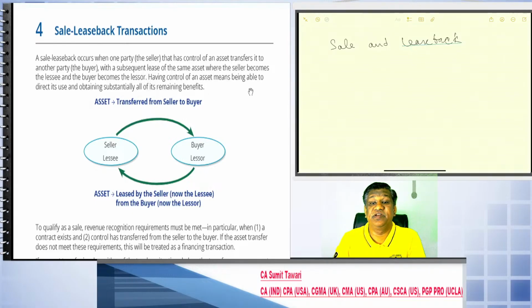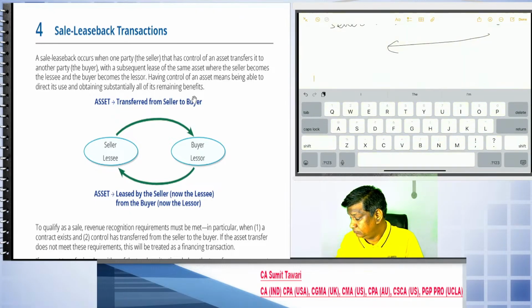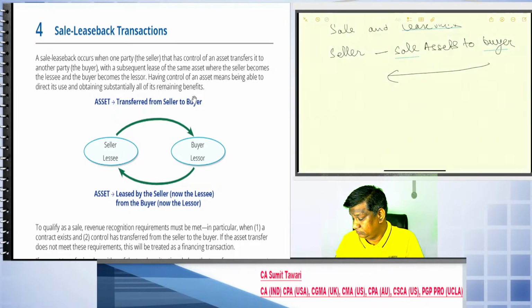So having control of an asset means being able to direct its use, obtaining substantially all its remaining benefit. Okay, so the seller sells the asset to the buyer, and then it is coming back to lease. Okay, so the asset is again used by the seller.